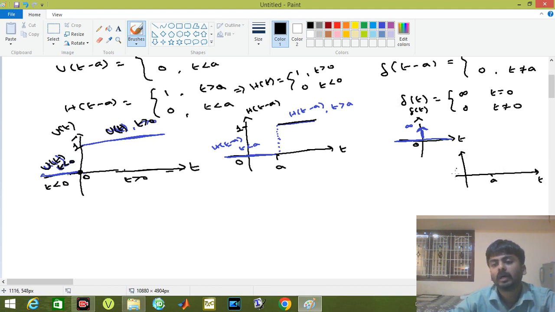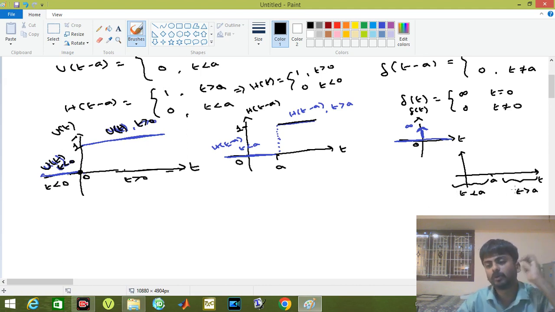All the values less than this are t less than a, and greater than this are t greater than a.